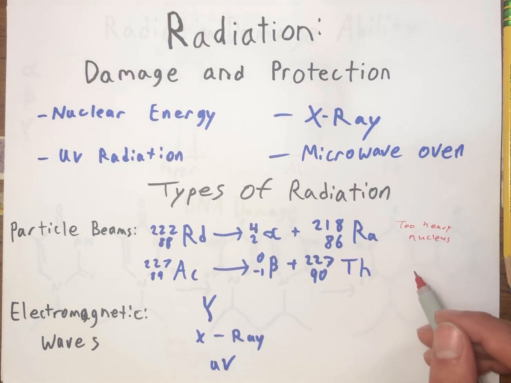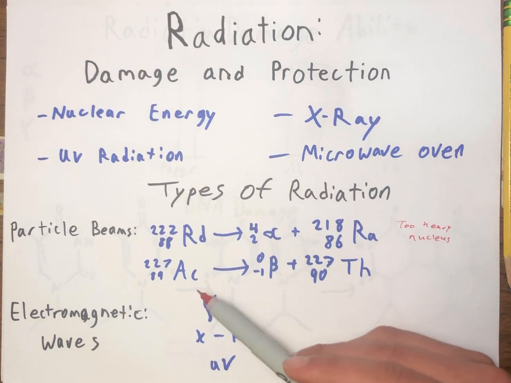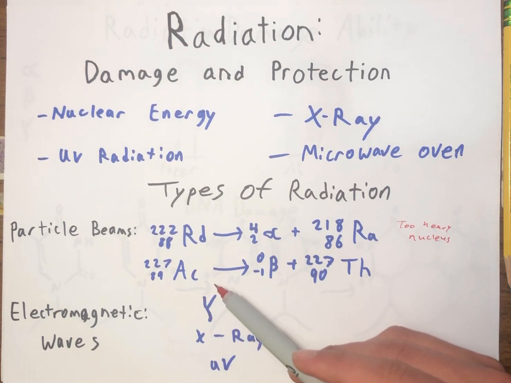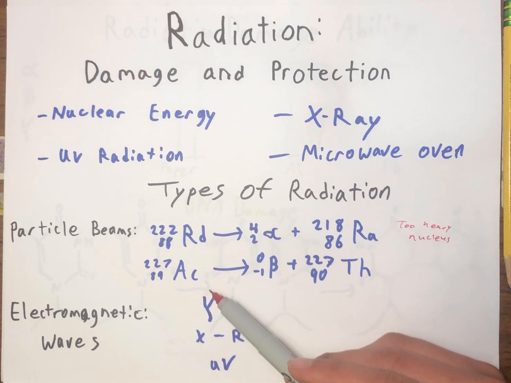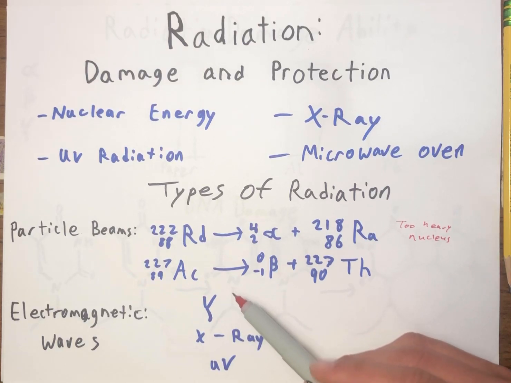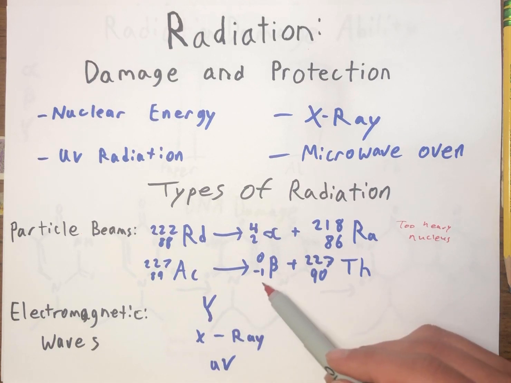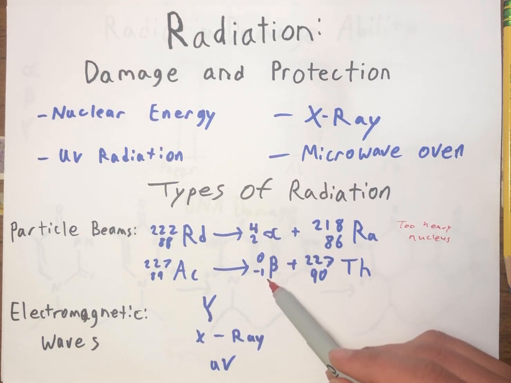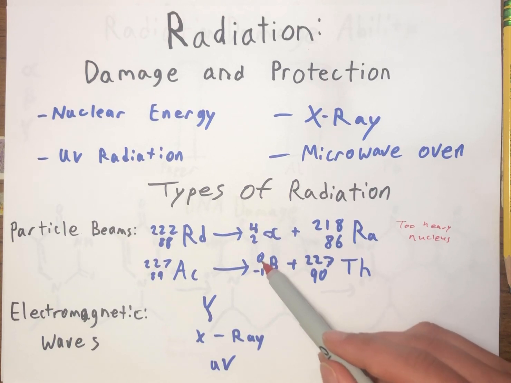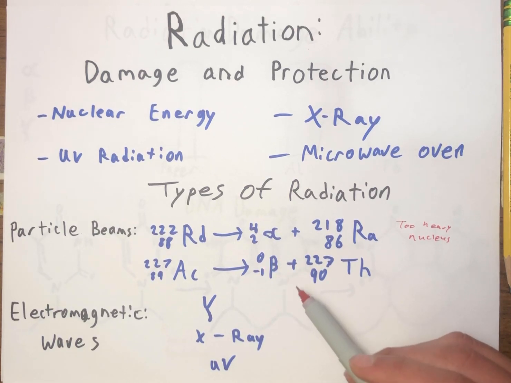Sometimes a nucleus has too many neutrons, such as the isotope 227 actinium. And in order to replace a neutron with a proton, actinium will emit a beta particle, which is a negatively charged particle of negligible mass.